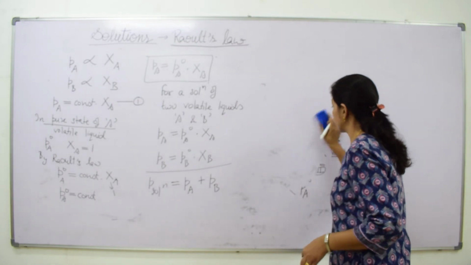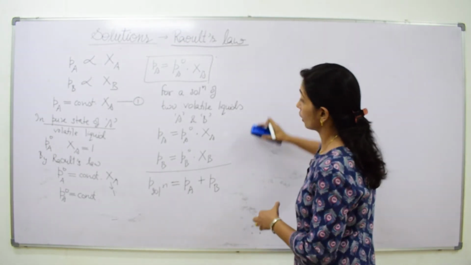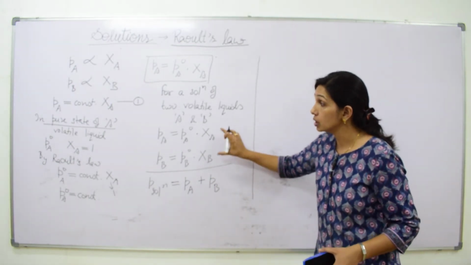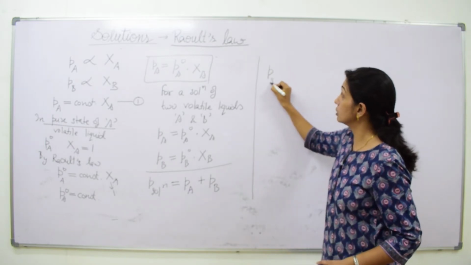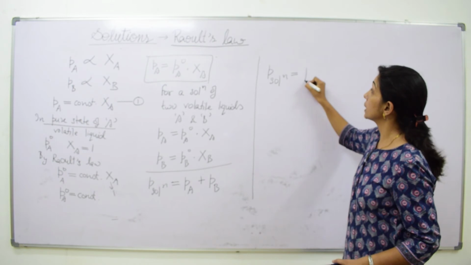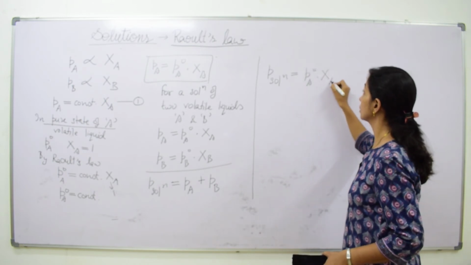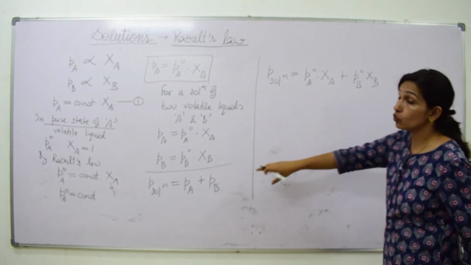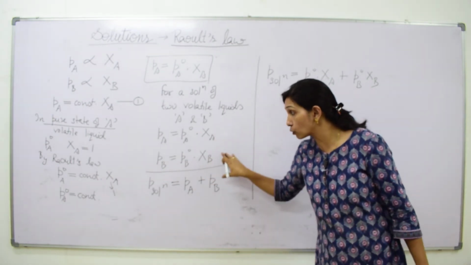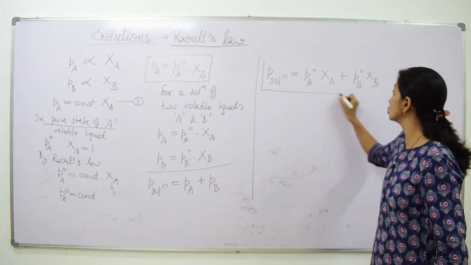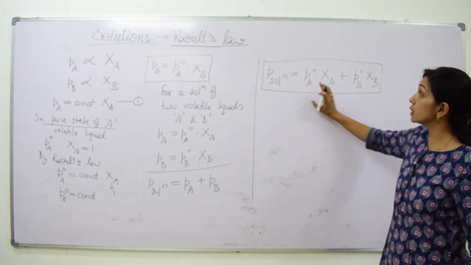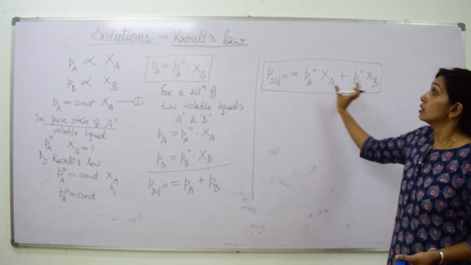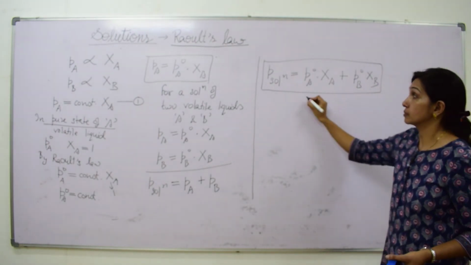Putting the values of PA and PB from these two equations, P solution will be equal to PA naught XA plus PB naught XB, the sum of the vapor pressures of both volatile liquids.